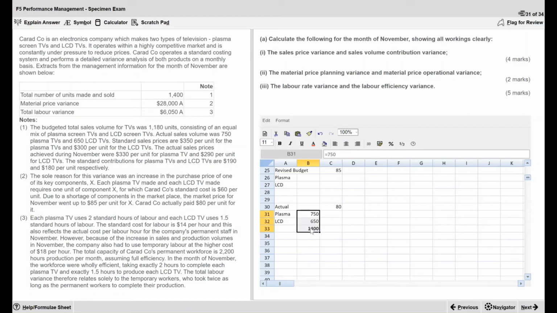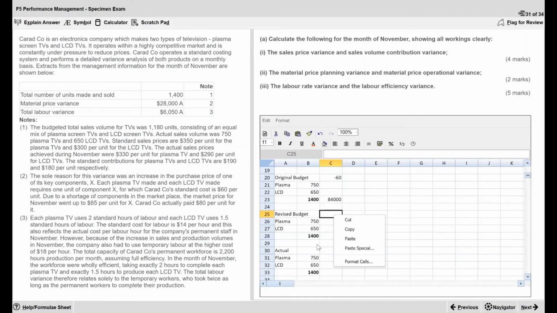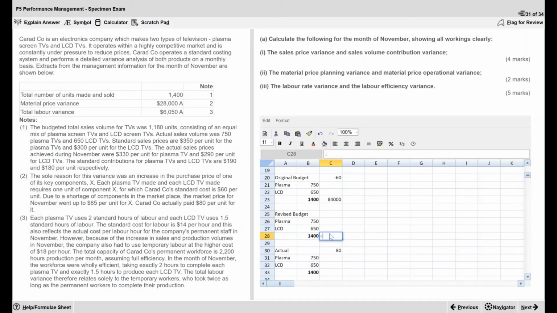And I'm going to use this in all of them, the revised and everything. Now take that, multiply by the original price, take that, multiply by the revised price, and take that, multiply by the actual price.